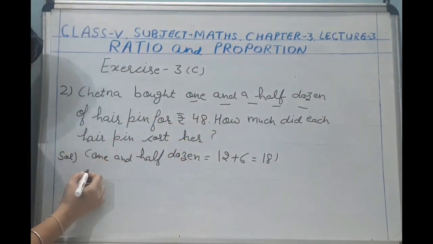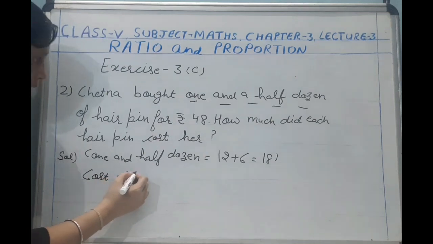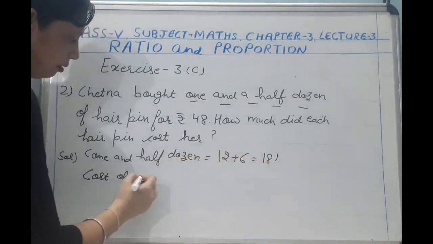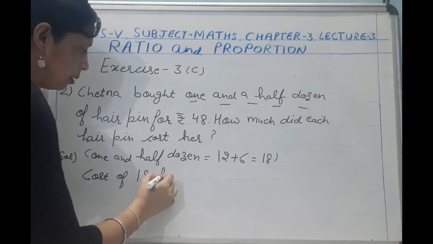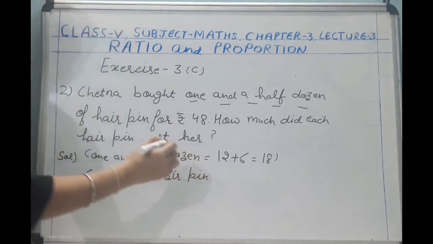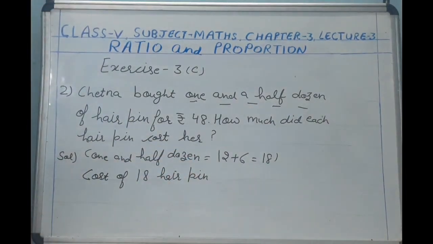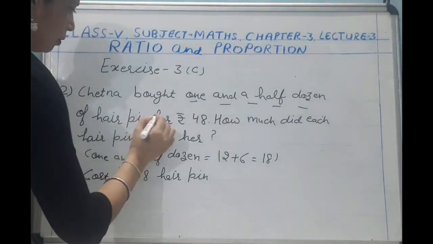Cost of 18, 1.5 dozen, so 18 hairpins. Here also S is missing in your book.